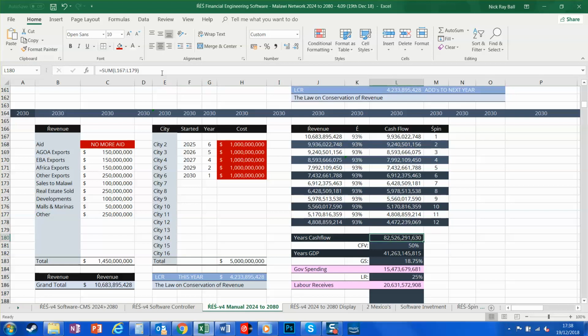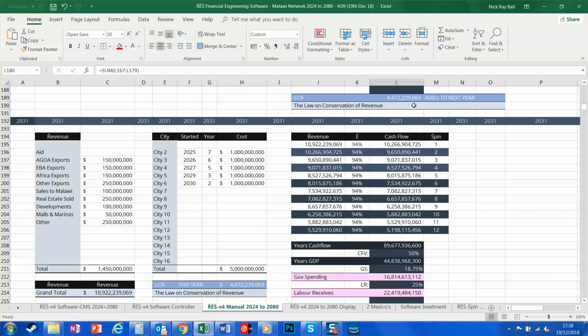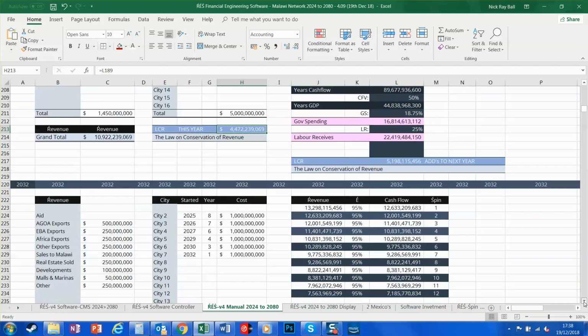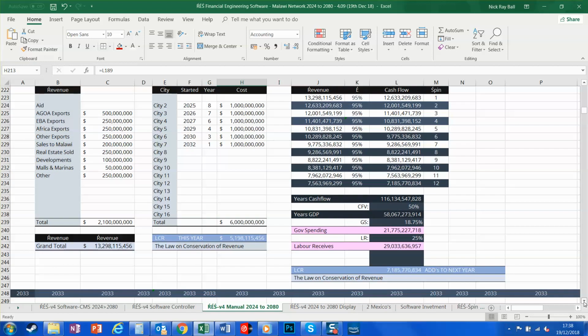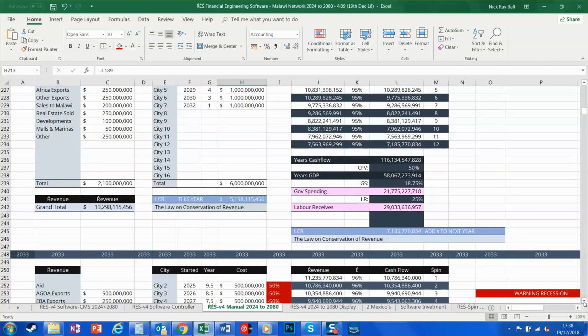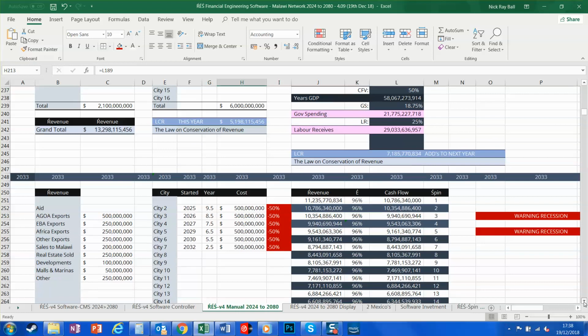It's this one here, following on to this one. Okay, carrying on. I'm not going to bother making things red for now.